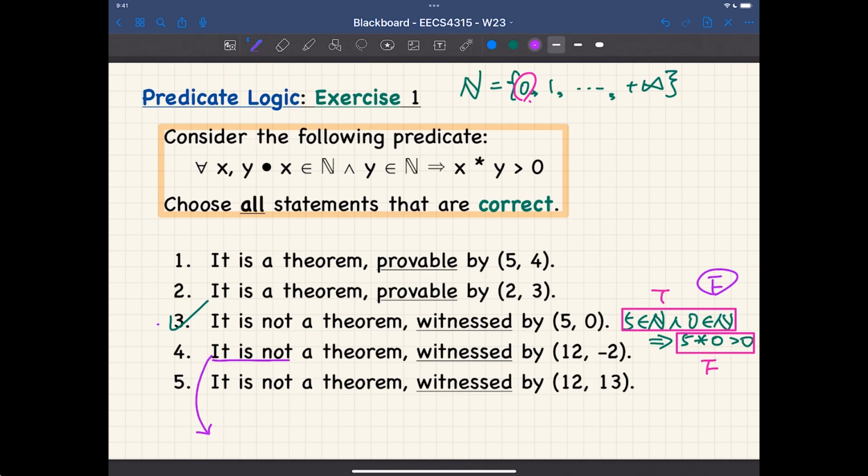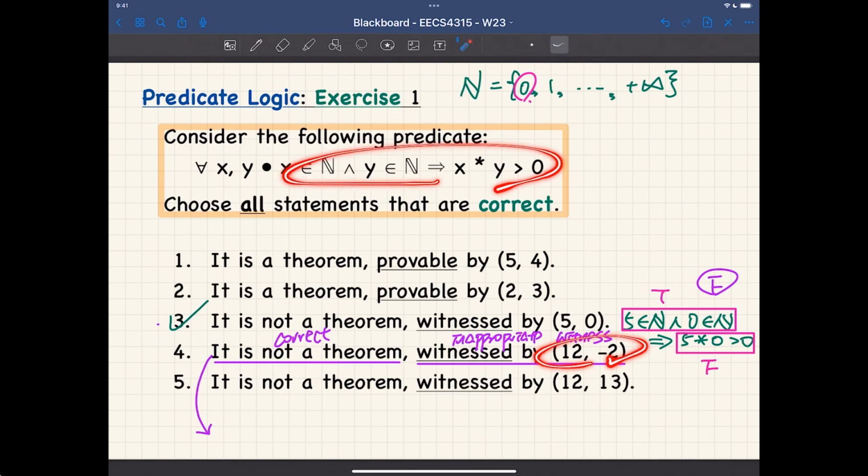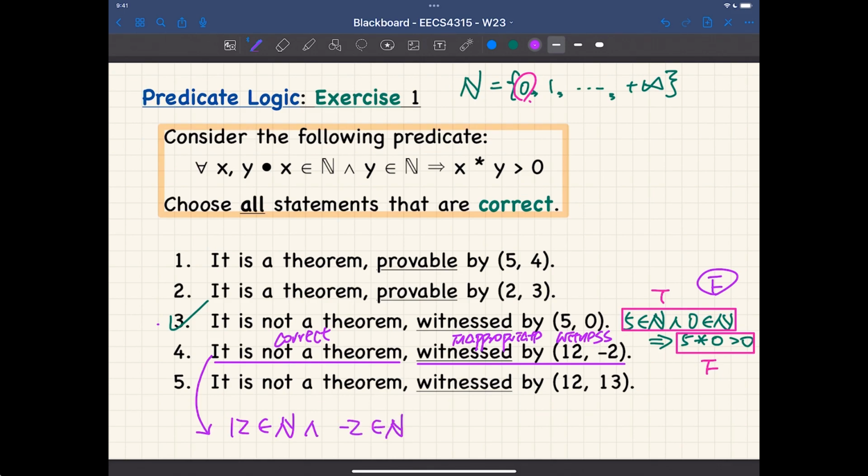Let me write it down precisely. Okay? This part over here is correct. That's why I really need to write it down. But this part over here is inappropriate. Witness. Very good. But why is that? This witness over here is not actually going to make this implication false. Because, let's take a look. If I got 12, a member of natural numbers, and minus 2, a member of natural numbers, implies 12 multiplied by minus 2 larger than 0.